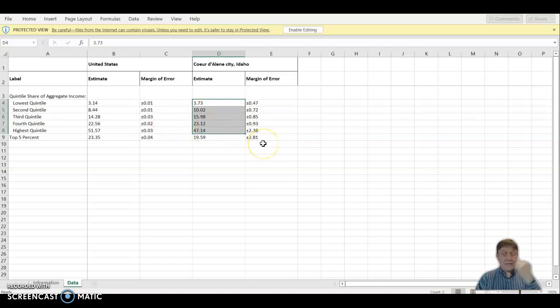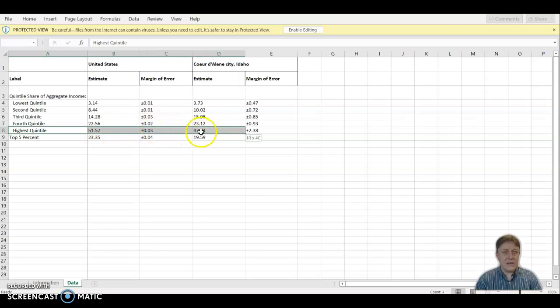Now, what's interesting to me looking at this is that if we take a look, say, at the highest quintile in the United States overall, the highest earning 20% in the United States gets 51.57% of the income, whereas in Coeur d'Alene, the highest quintile only gets 47.14%.